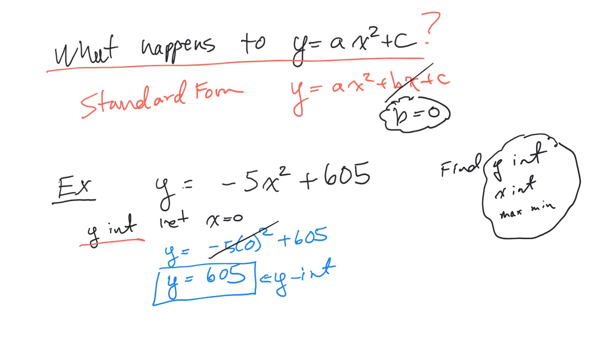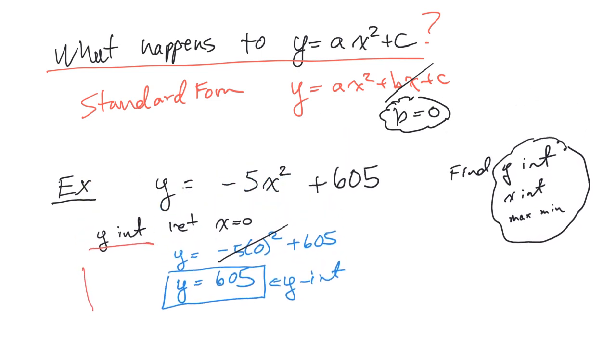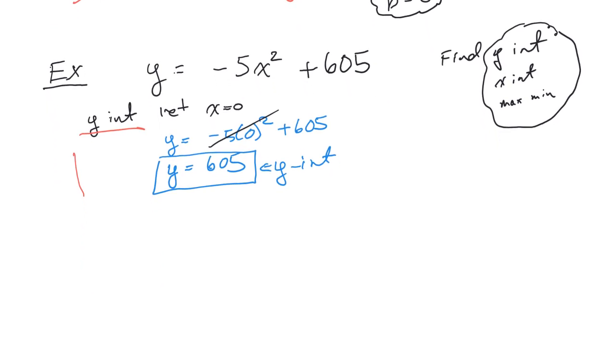So now imagine if I asked you to next take a moment and find the x-intercept. Okay, now when we're finding the x-intercept, this is what we have to do. For the x-intercept, you're going to do this. X-int.